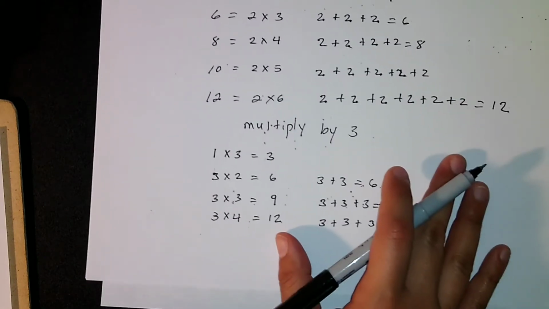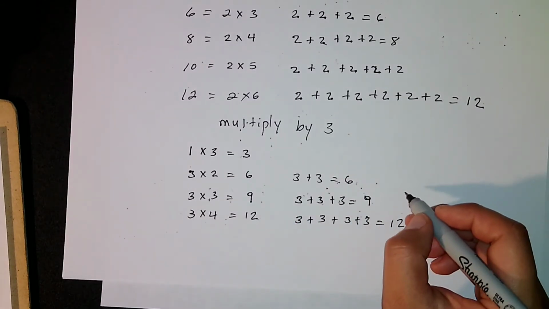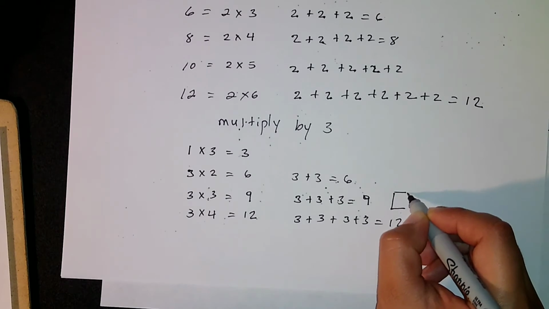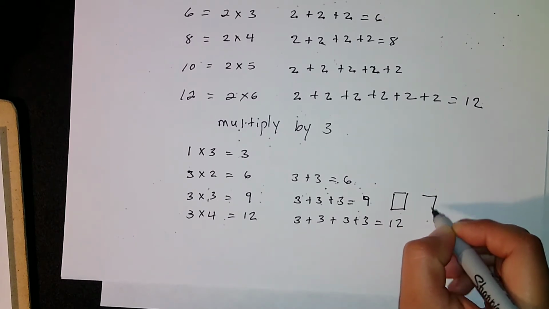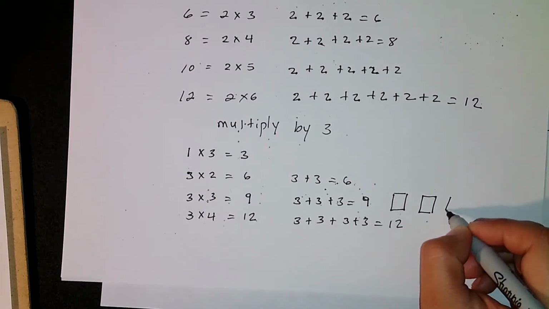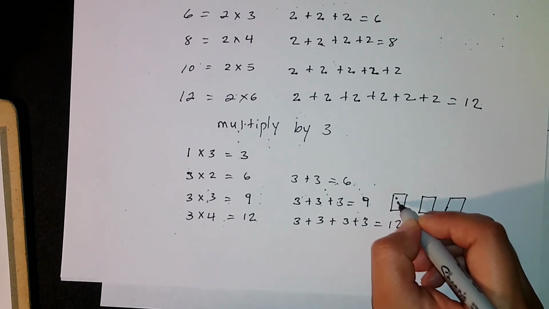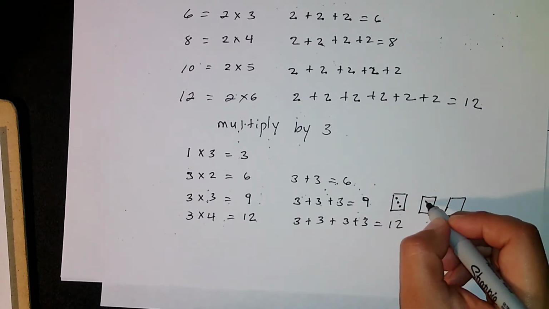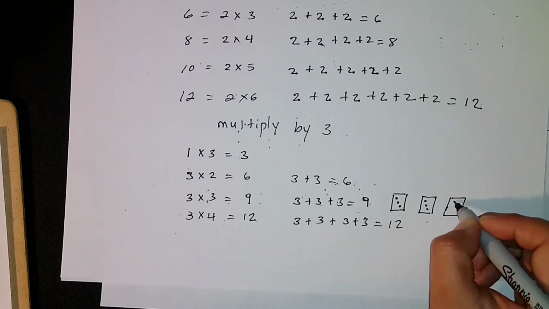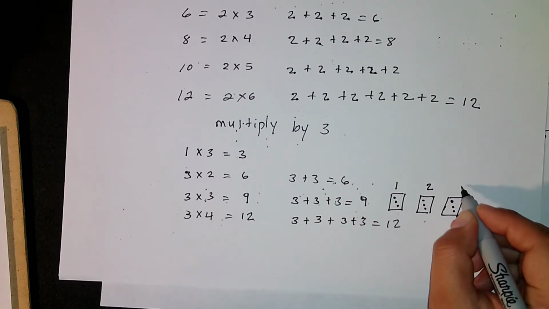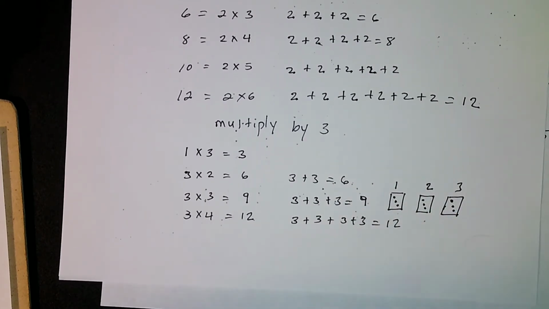Now, an example here with dices again. And we put 3 dots inside each dice. Dice number 1, dice number 2, dice number 3.